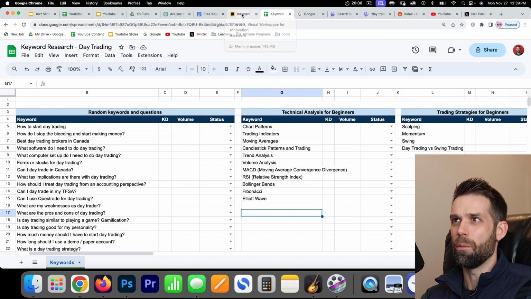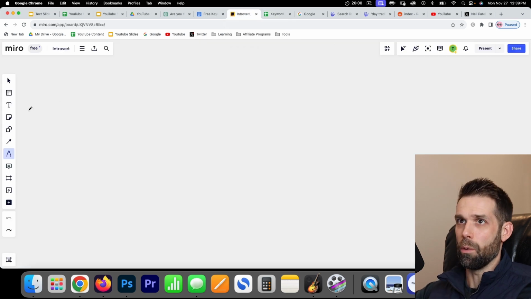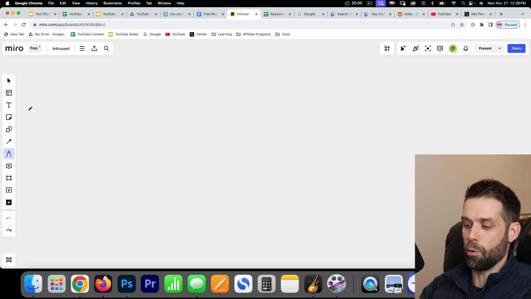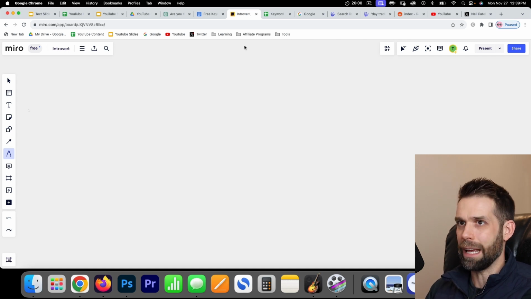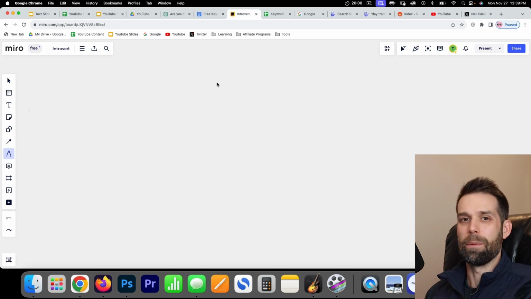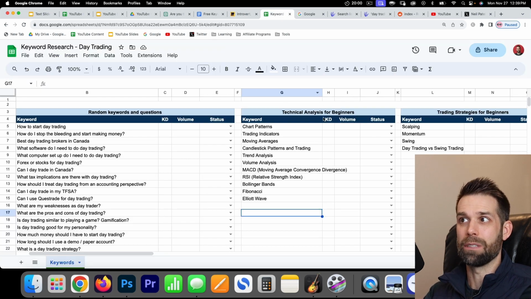Maybe we can draw this. When you're building an authority website, you really have mini websites within your large encompassing site. You can certainly niche down even further and do a website all about technical analysis, and then these would be your main hub pages: charts, trading indicators, trend analysis, volume, and so on.